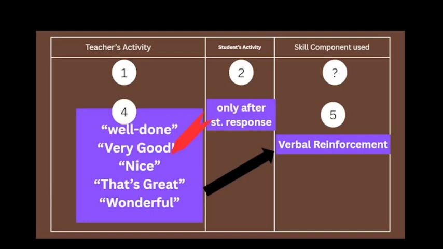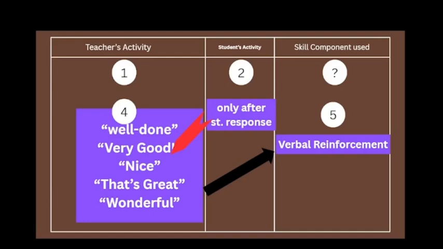And here in this table it is enumerated with 1 and 2. 1 is the teacher's question, 2 is the student's response, and there is no 3 here because in this skill we are not going to add anything in the skill component in the first row.